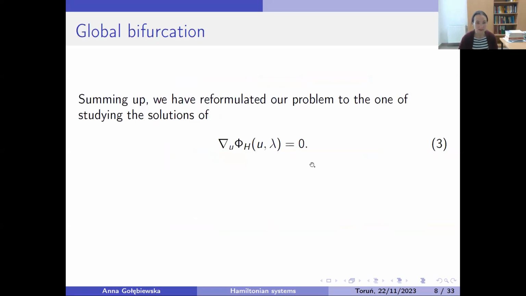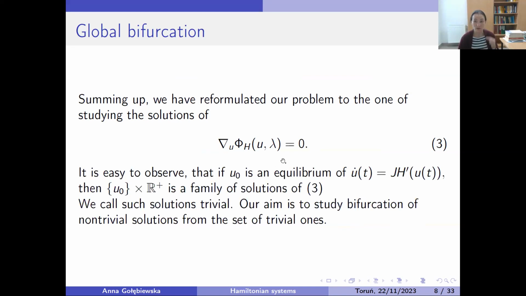So, summing up, we have restricted our problem to looking for the solution of such an equation. It's not a differential equation in this form, but in fact, the differential equation is hidden here. So we study solutions of such an equation with a parameter.